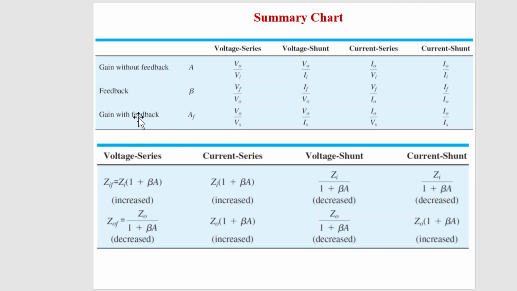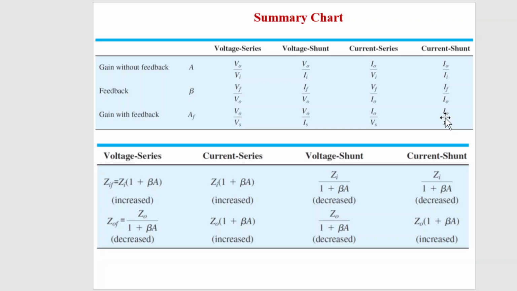Similarly, gain with feedback, if you calculate for all network types, I have done calculations for two circuits only, detailed calculation. So if you define the basic definition, gain with feedback for the case of voltage series is Vo upon Vs, Vo upon Is, Io upon Vs, and Io upon Is for different configurations, starting from the voltage series to voltage shunt to current series to current shunt.